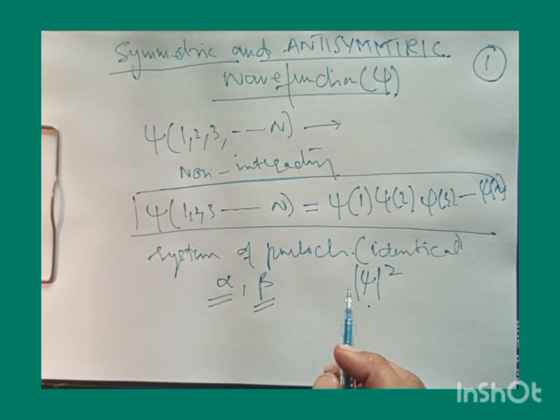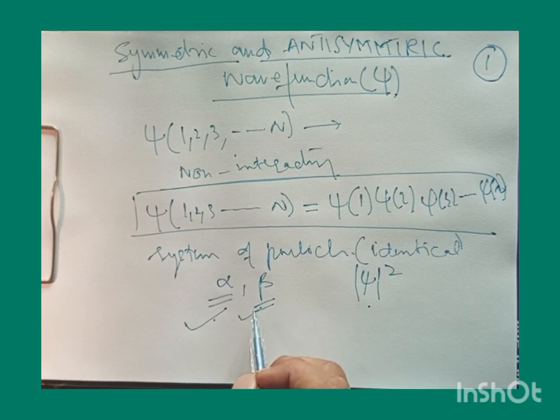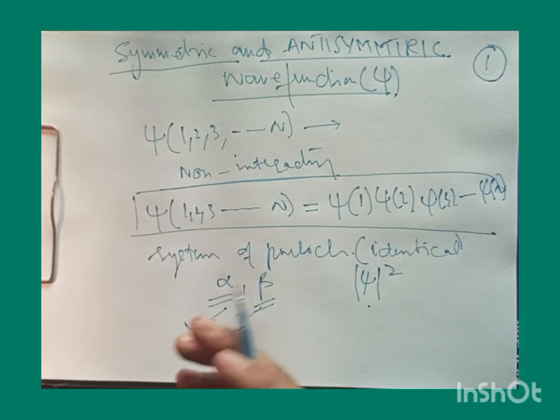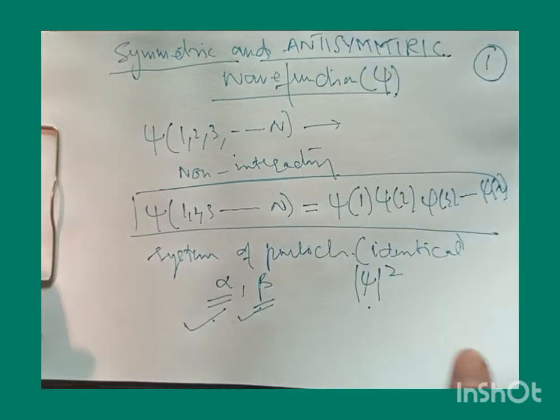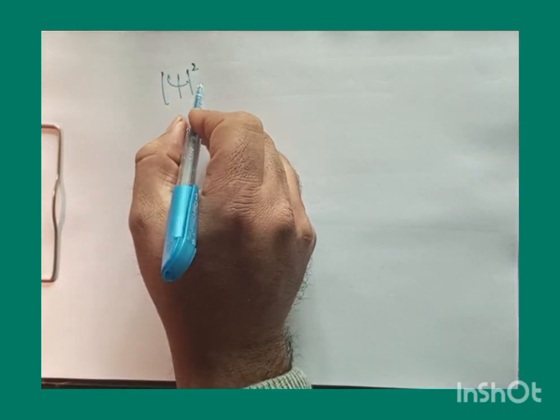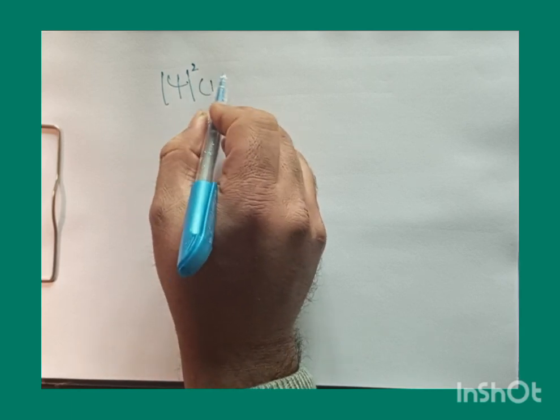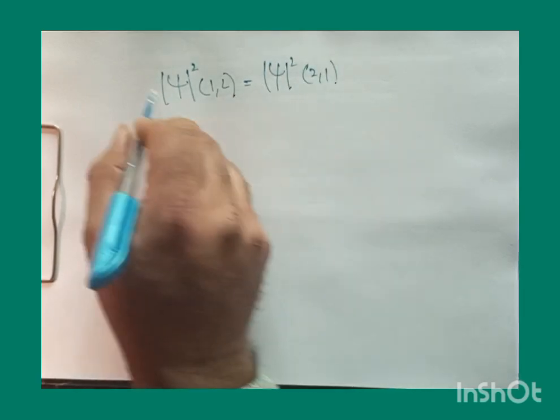Replacing state alpha by state beta should produce no change in the probability density, because we are talking about the same particles. So I can write that the square of the wave function for particles 1 and 2 is equal to the square of the wave function for particles 2 and 1.